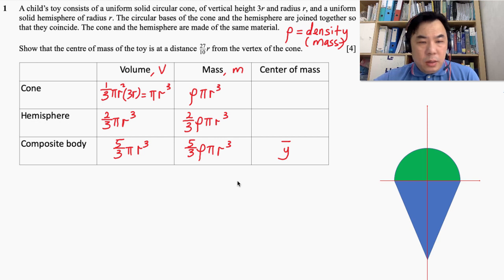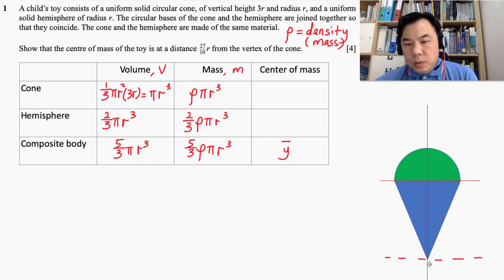Okay, now just let me label this one more time. So this part is the vertex here. Okay. Now we know that the center of mass of the cone when measured from the vertex is 3 over 4 here. But because our reference frame is here, therefore we are interested to find out how far is the center of mass for this cone here, label it GC, with respect to the frame of reference that we are using.